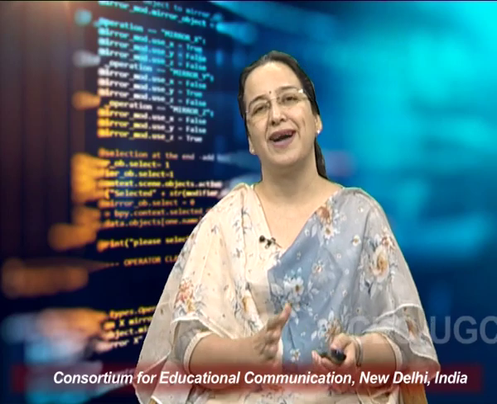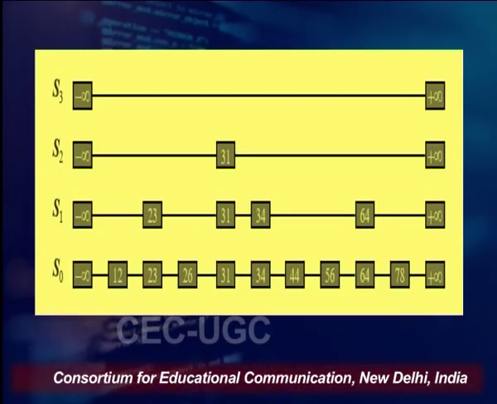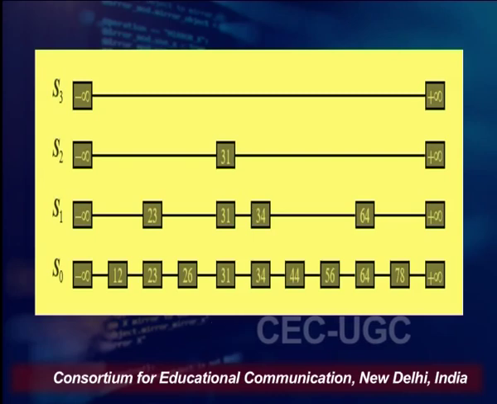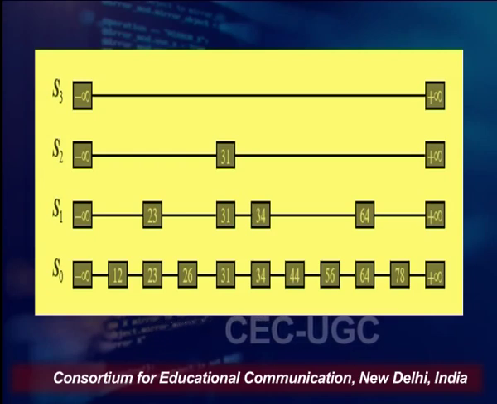So by now you must have got the idea that this skip list is a kind of linked list. What kind of linked list I am talking about, you can have a look on the screen to get an idea. This is actually a linked list in which there are different levels, and in the different levels there are elements arranged in sorted order.